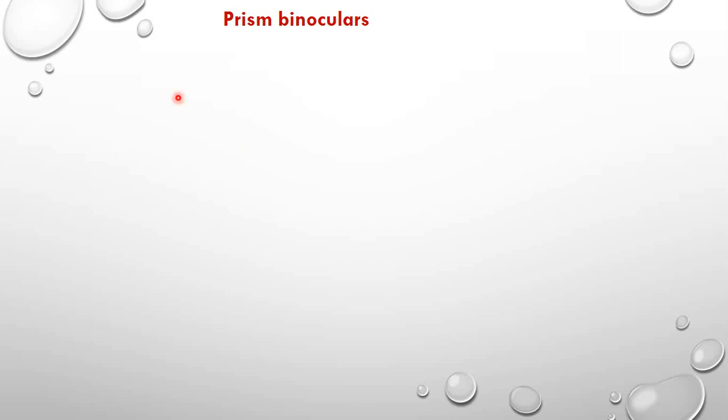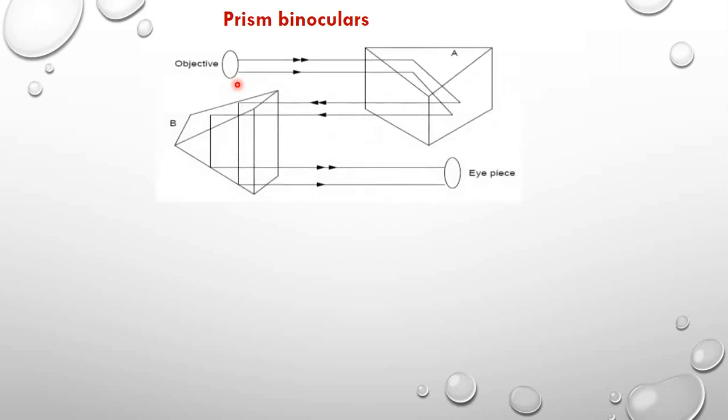Now let us see the diagrammatic representation of a prism binocular. So here we have this as the objective, then we have two right-angled isosceles triangles, and then we have this eyepiece.